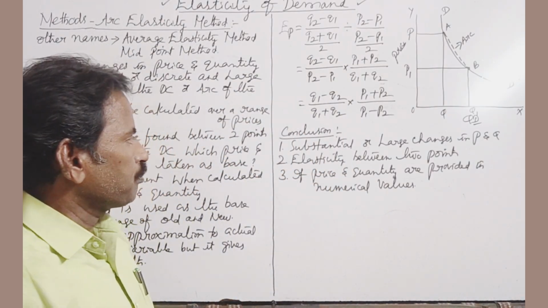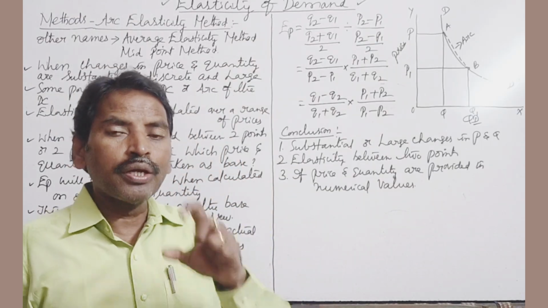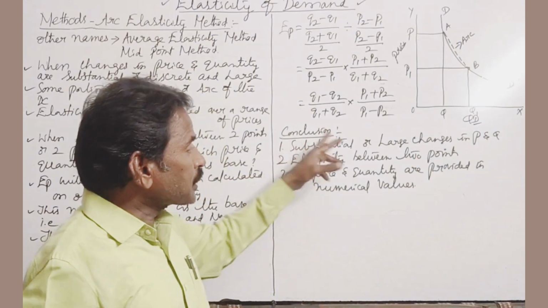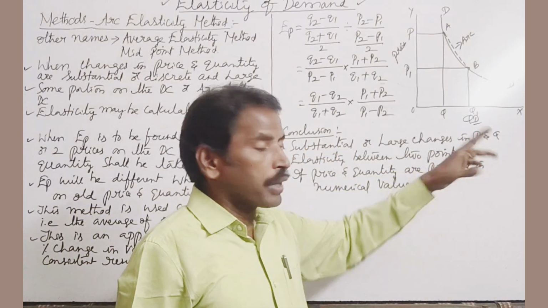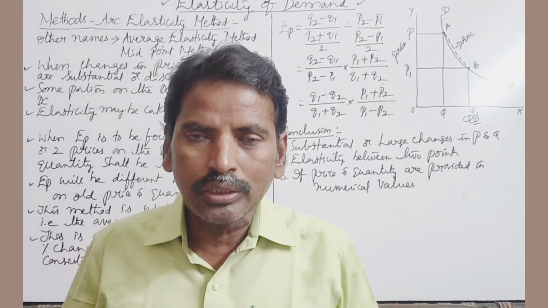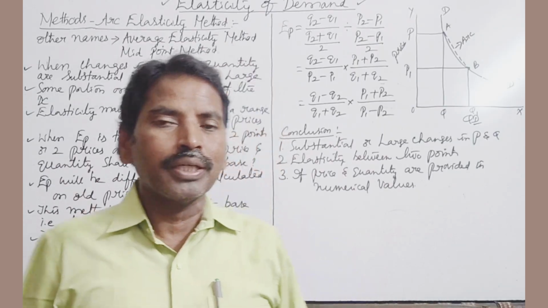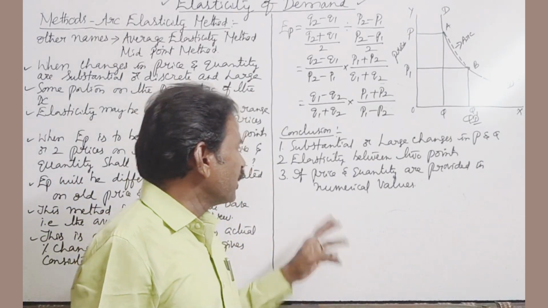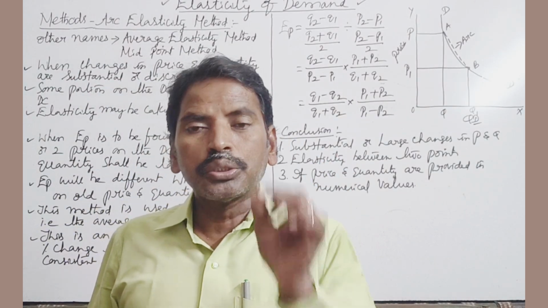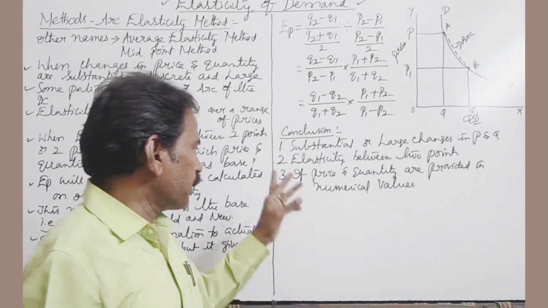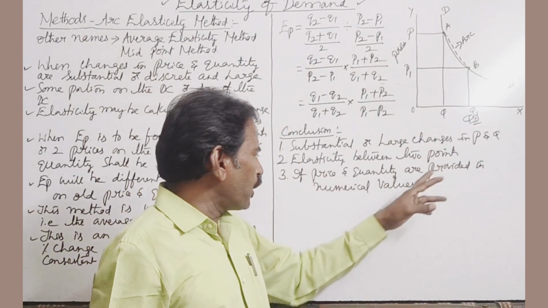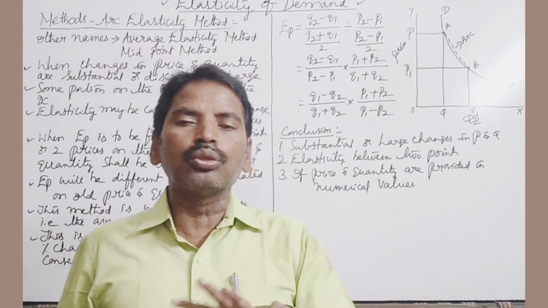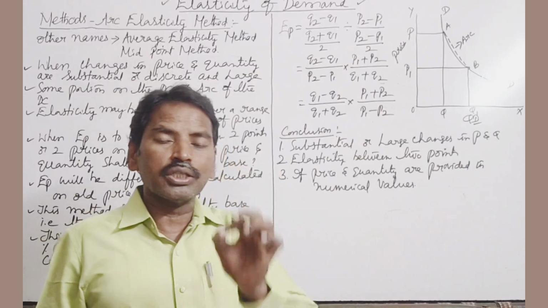Next, conclusion. We concluded that the arc method is applied when: point number one, there are substantial, that is huge, large or discrete, changes in price and quantity; point number two, elasticity is between two points, two prices, two quantities; point number three, price and quantity are provided in numerical values, old price, new price, old quantity, new quantity given, and you calculate price elasticity of demand.